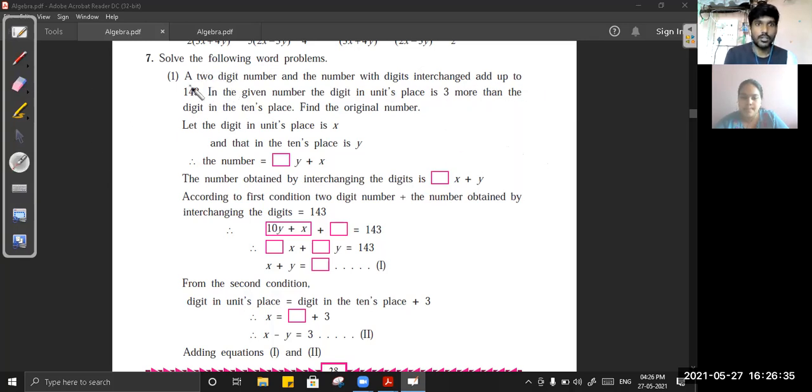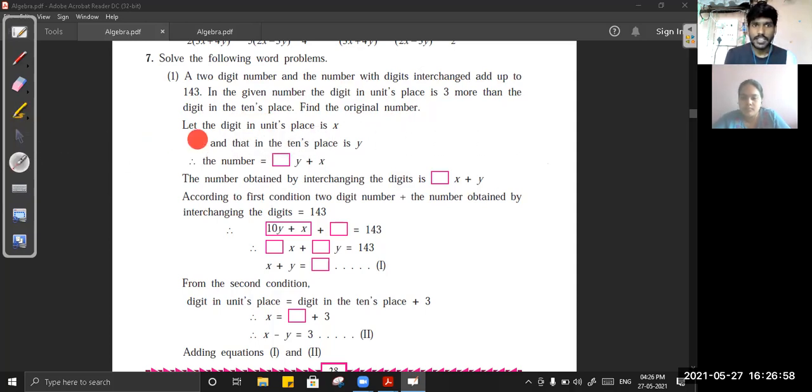So a 2-digit number and the number with digits interchanged add up to 143. In the given number, the digit in the units place is 3 more than the digit in the tens place. Find out the original number. Now, in a number, you know that we will have the units place and the tens place, correct?